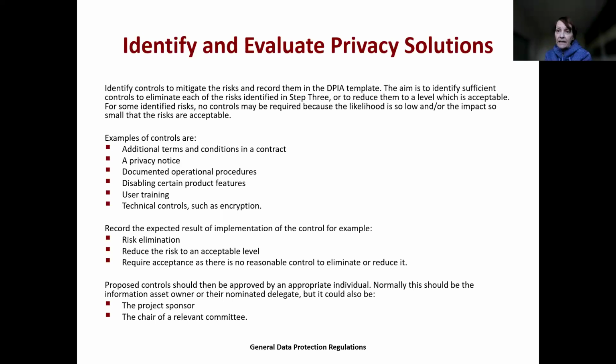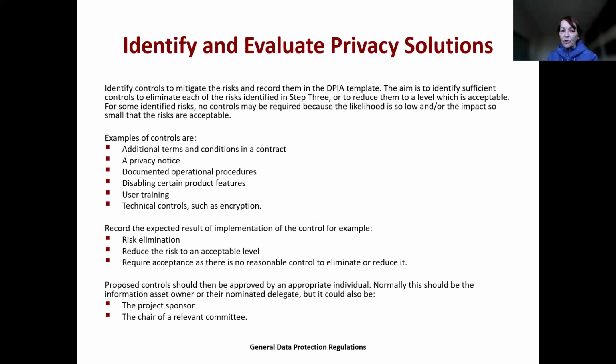In general terms, in the wider university, we refer to the university executive. So you set out your risks. You say, this is a very high risk. None of the controls that can be implemented are going to reduce it to an acceptable level. And it's up to them then to make a decision. And sometimes the need for the solution outweighs the risk. Probably the best way of putting it.